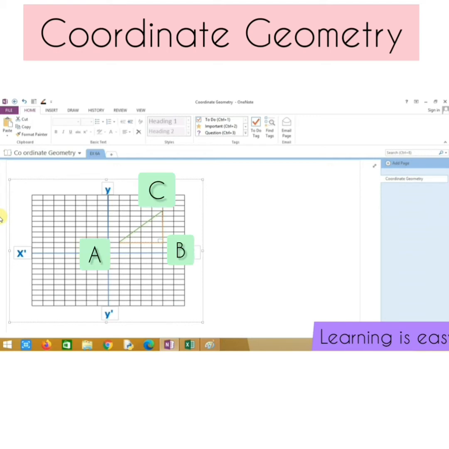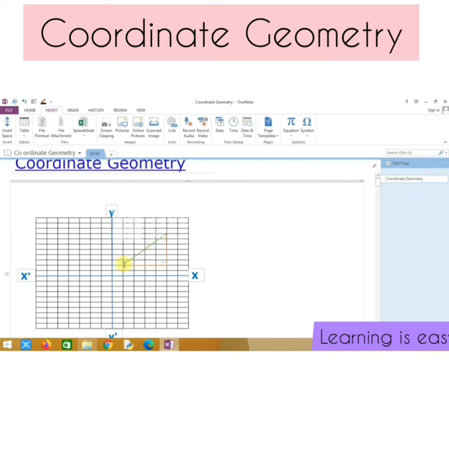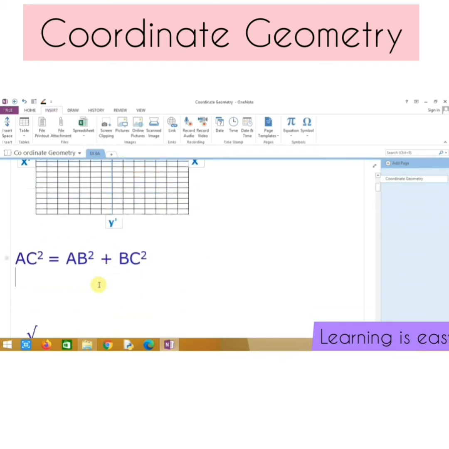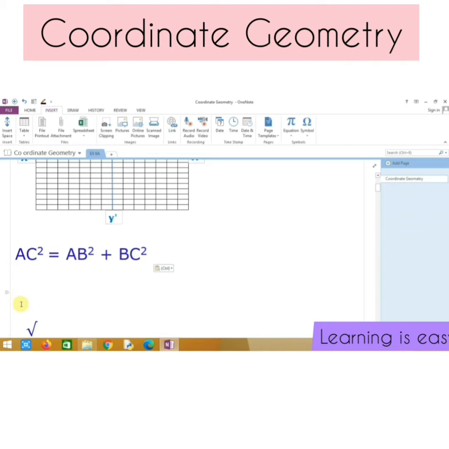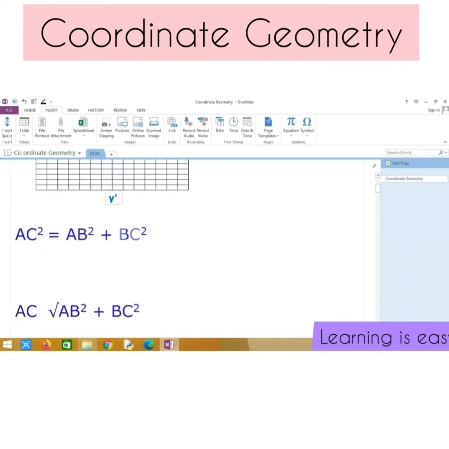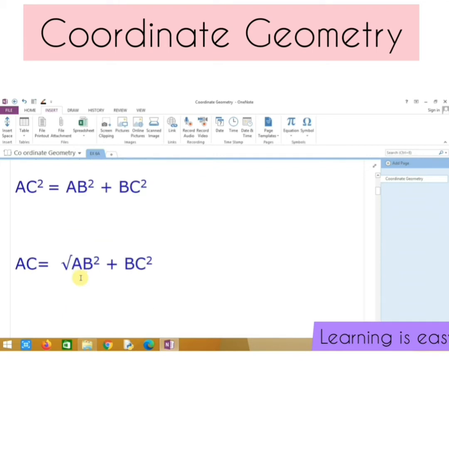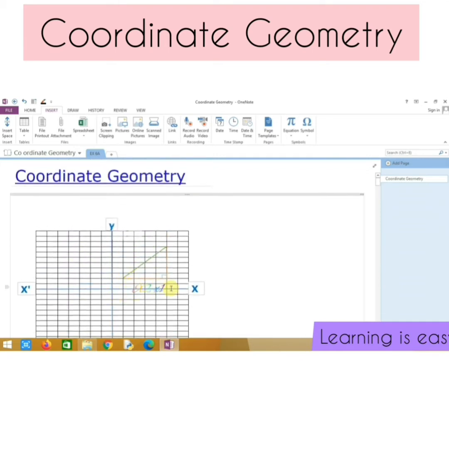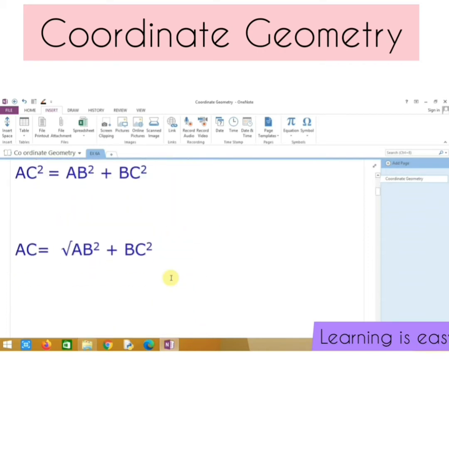AC square equal to AB square plus BC square, the sum of squares of other two sides, which can be further written as AC equal to square root of AB square plus BC square.